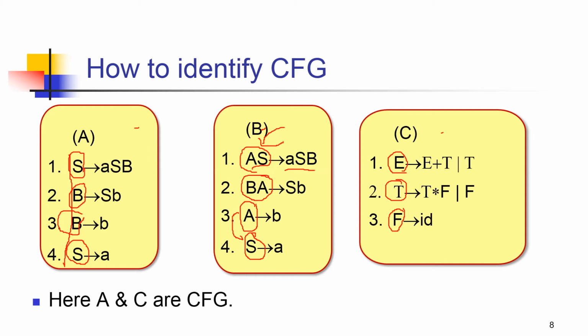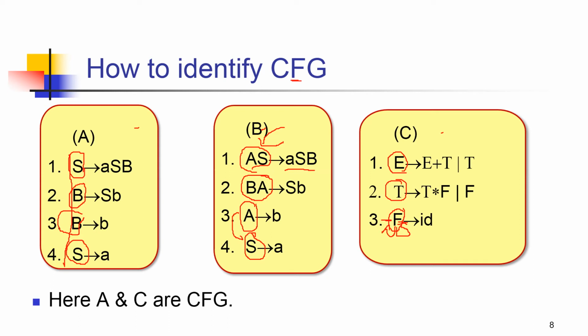What is the significance of free here? So the answer lies in the same manner: if a single variable is producing certain rules, it means that particular variable is free from left context and right context. That's why it is known as context-free grammar.